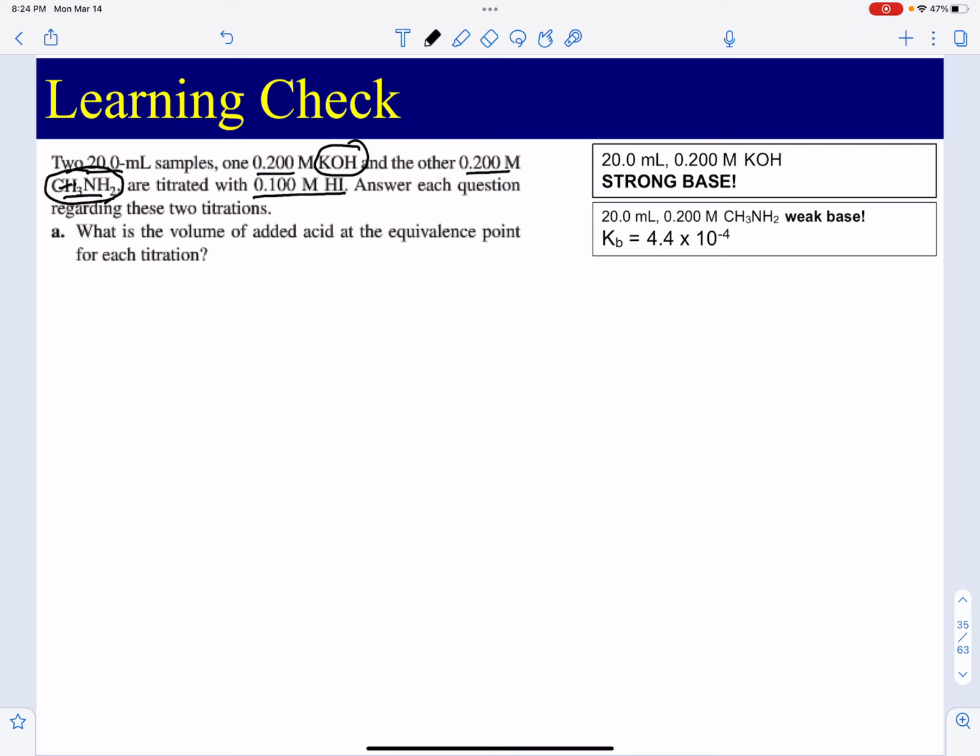So we have two reactions going on. Potassium hydroxide titrated with hydroiodic acid. Strong with strong, so only one arrow. And that's going to give you water and the salt, or the ionic compound, which is soluble.